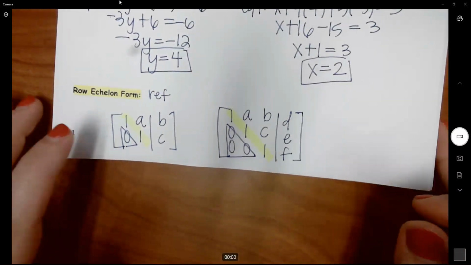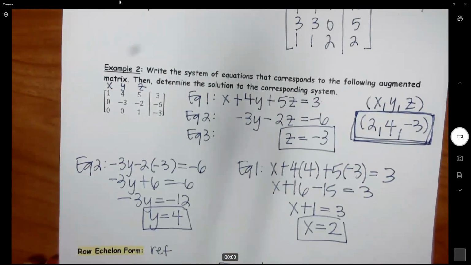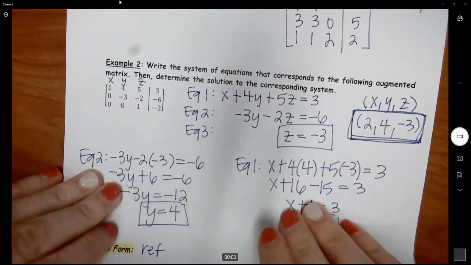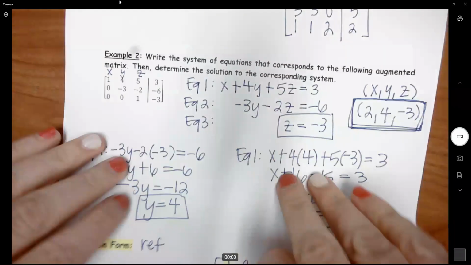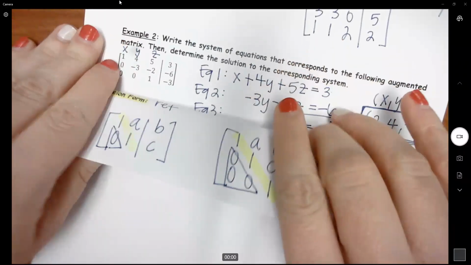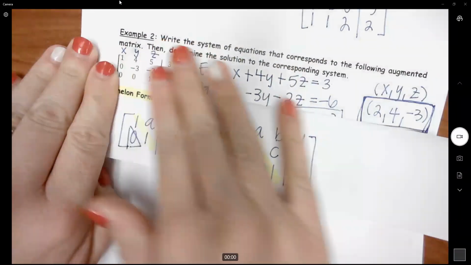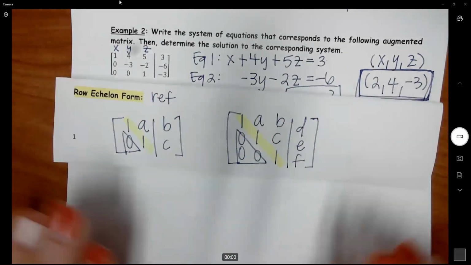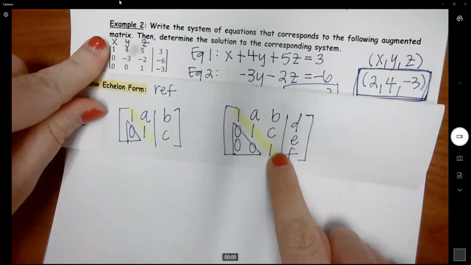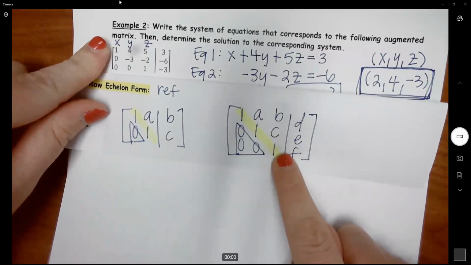What's below that diagonal of ones are zeros, and what is above the diagonal of ones are all numbers. If we look at the example we went over here, this one is almost in row echelon form. What is different between this and this to make this row echelon form?